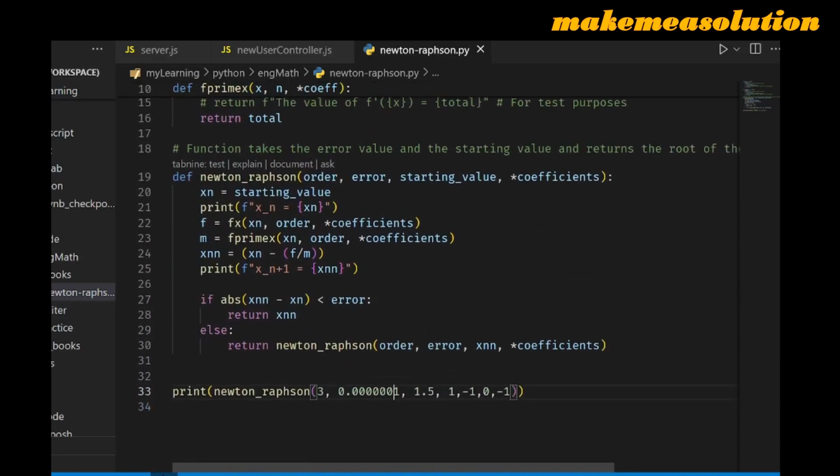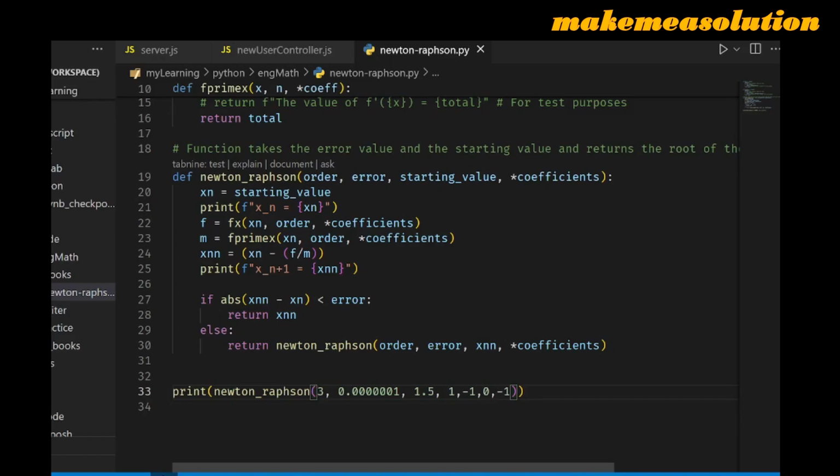So I have written the Python function, and the Python function takes in some parameters, and this Newton-Raphson function is limited to only polynomials. Unfortunately, this function that I wrote cannot handle special functions like exponential or trigonometric functions, it can only handle polynomials.